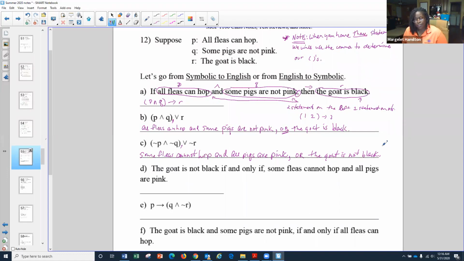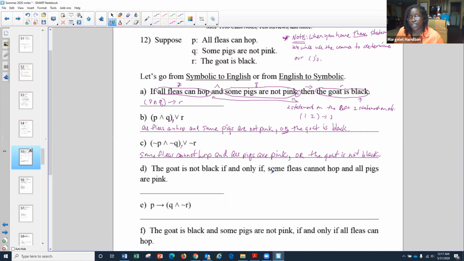All right. Then you did, the goat is not black if and only if, comma, some fleas cannot hop, and all pigs are pink. Now looking at our structure, you should see, it says, the goat is not black if and only if, then comma. Then it says, some fleas cannot hop, and all pigs are pink.